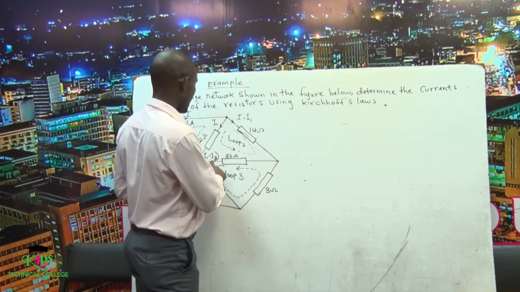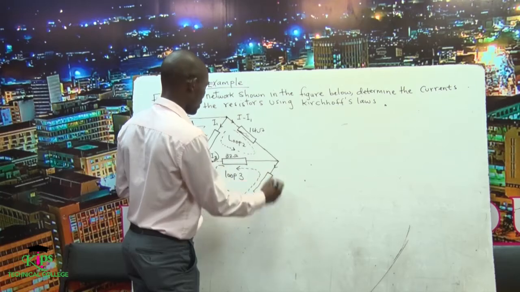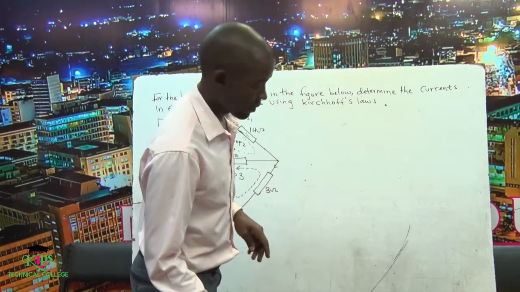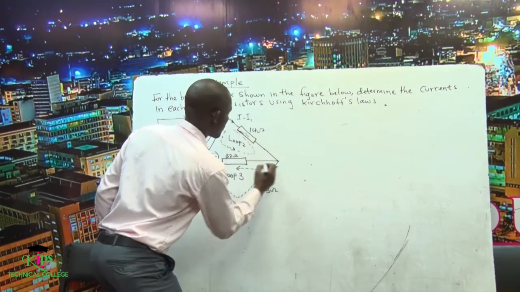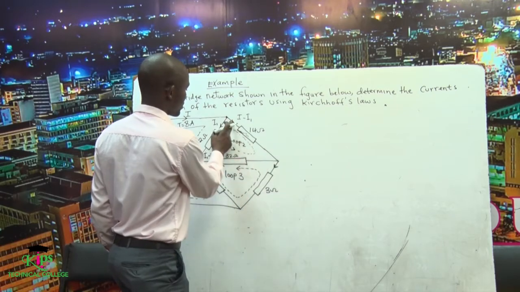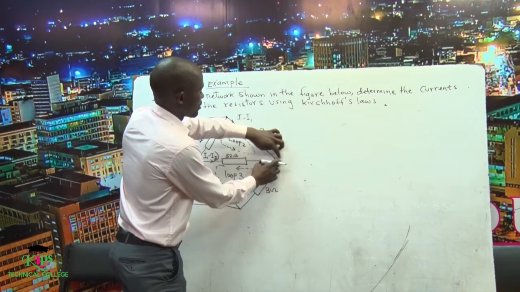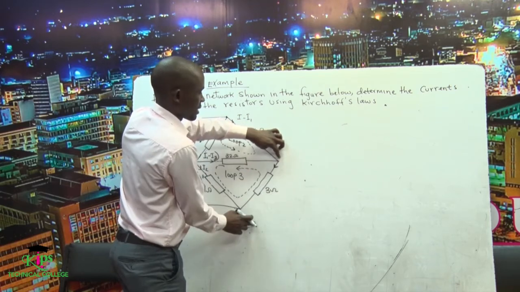So the sum of the currents coming to this point will be equal to the sum of the current that is leaving.